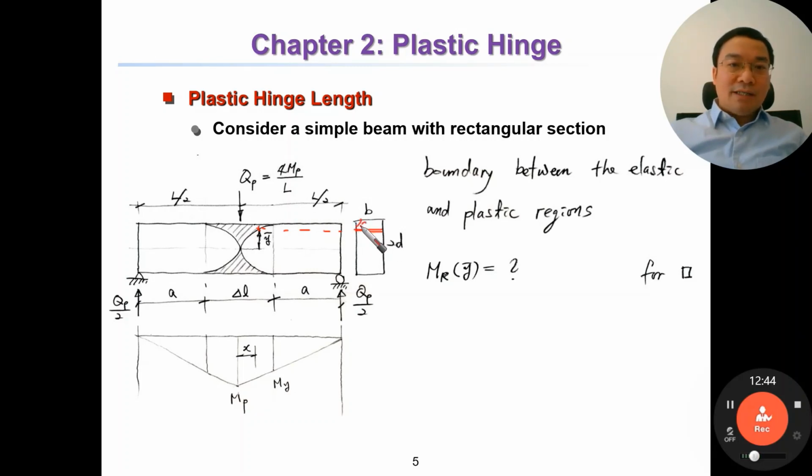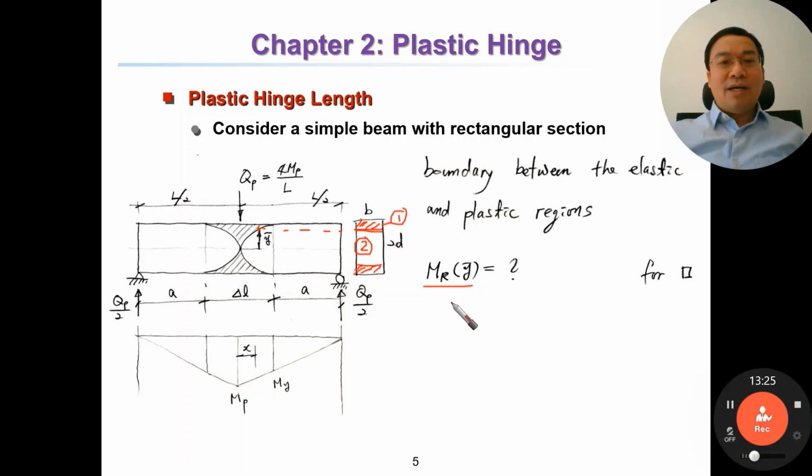This part is plastic, and also because it is symmetric, the upper and lower parts are plastic, and the rest, let's say region 1, is plastic, and region 2 is elastic. And how to determine MR at this point? Why applied? Do you remember? This is the elastic plastic phase.